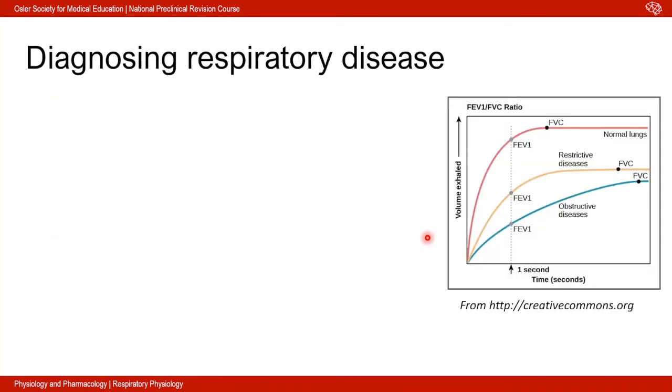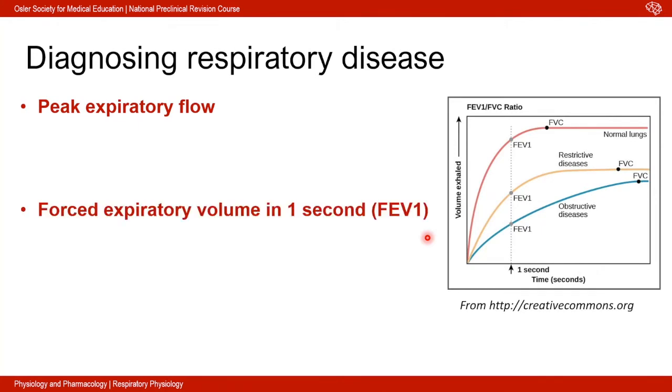So for these diseases, we need to know how to diagnose them, and there's two very simple methods by which we can do this. So we've got number one, which is peak expiratory flow, and we've got number two, which is forced expiratory volume in 1 second, which is the value you can see in this graph here. So the peak expiratory flow is a very simple test, and it just measures the patient's maximum speed of expiration.